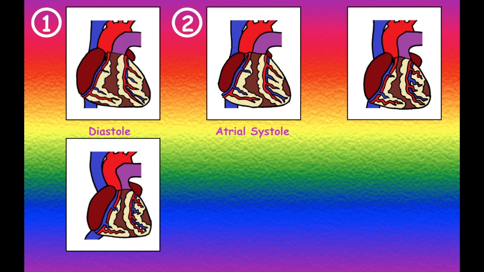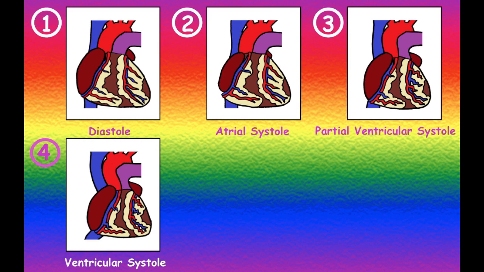The third image then shows a partial ventricular systole, which means the heart is in about halfway contraction within the cycle of a heartbeat. And the fourth image shows a full ventricular systole, in other words, the maximum contraction of the heart during a heartbeat.